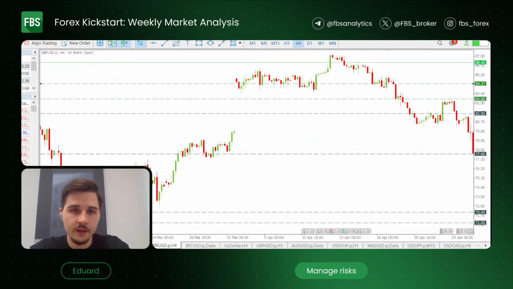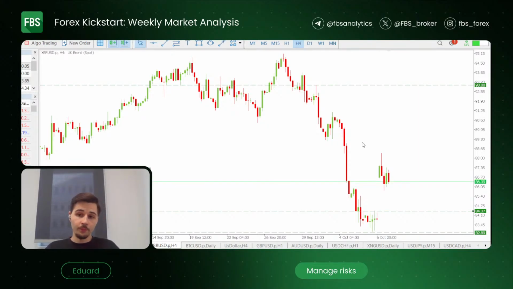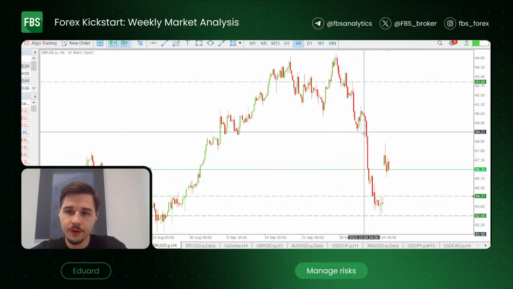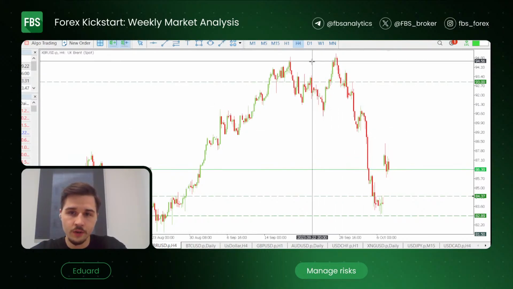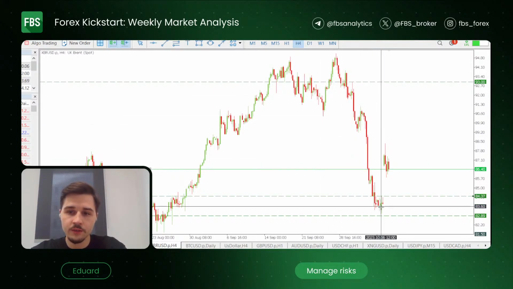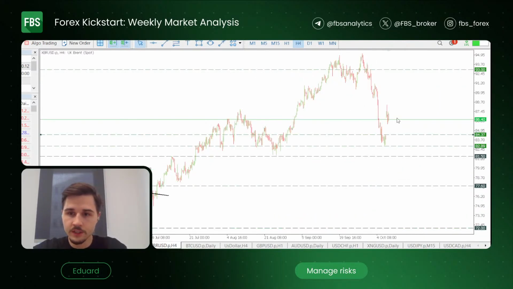I understand that this is maybe hard to comprehend, because fundamental factors say the oil price should rise, and technical factors, at least for me, speak for the bears. We have this break of the structure, so we have a higher high, and then the breakout of this recent low, and the retest of this low, and another downtrend wave.